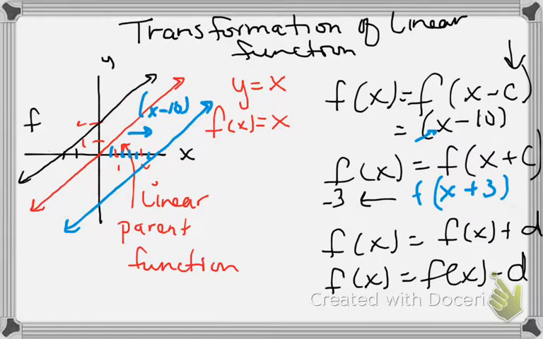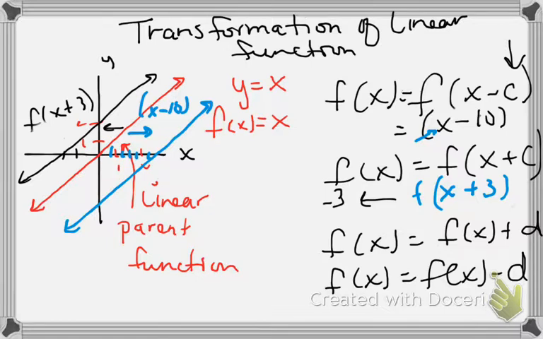So this would be f of x plus 3, and we shift it to the left. This is very important, so make sure you study this and understand this. When this number is inside the parentheses, we go left or right. If it's a negative number, we go to the right. If it's a positive number, we go to the left.